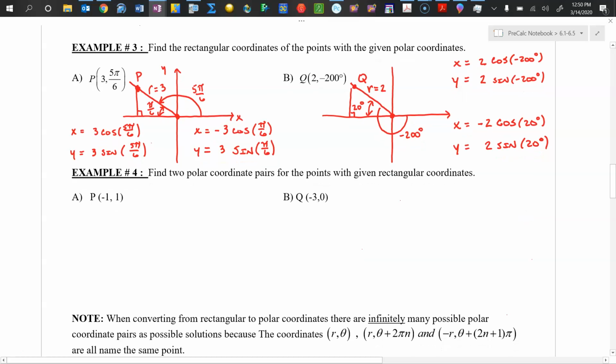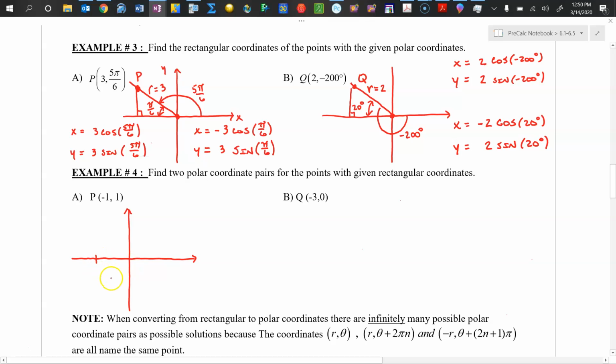Now I'd like to do a couple of examples where we convert from rectangular coordinates to polar coordinates. So I am going to again draw the x and the y axis. This time though, instead of rotating a directed angle, I am going to plot points as we normally have in the past.